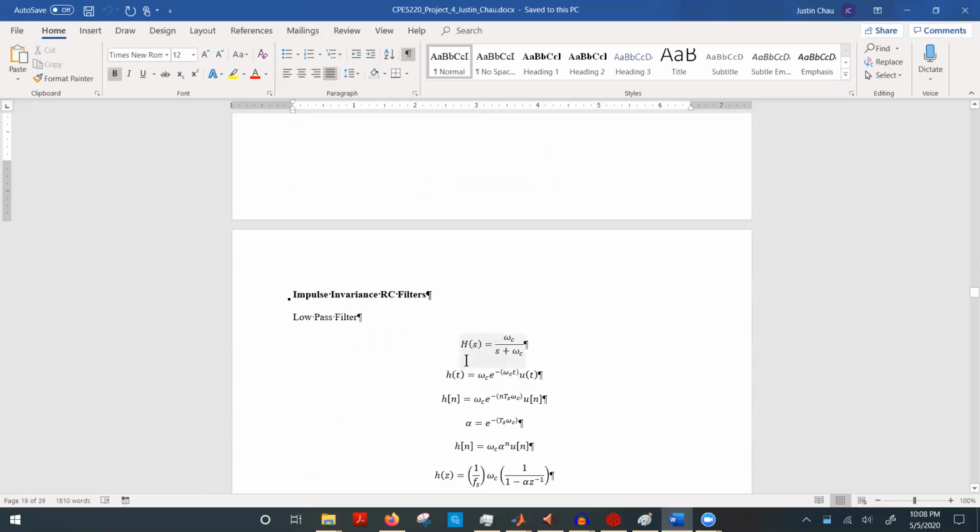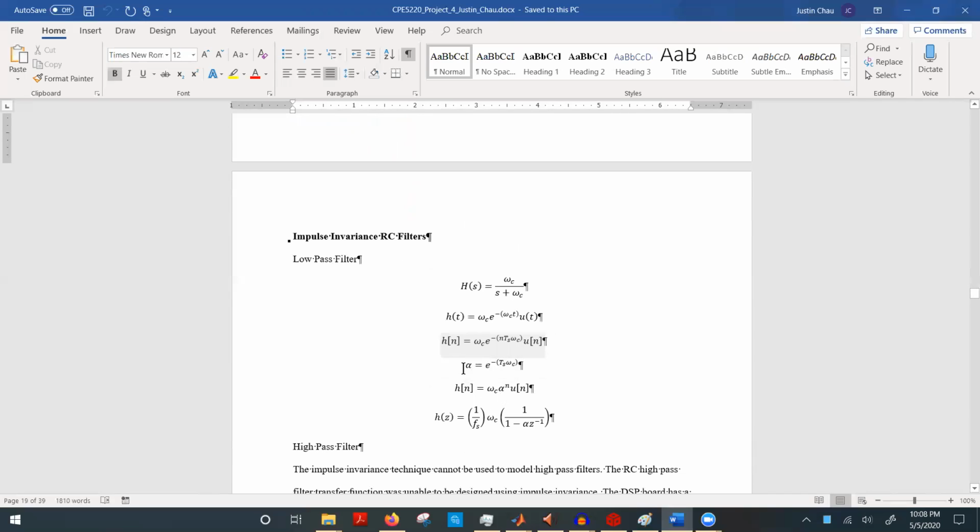We can use the inverse Laplace transform to rewrite it in the t domain. Then we can sample in the t domain to get to the discrete time domain, the n domain, by taking t equals nTs. Then I'm going to make this substitution to make this into a form that's easy to transform into the Z domain. And now we have the Z domain right here.